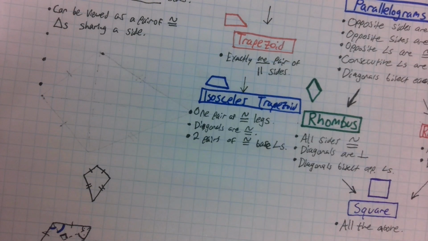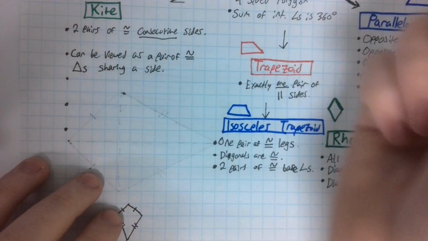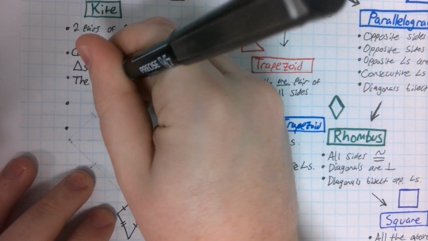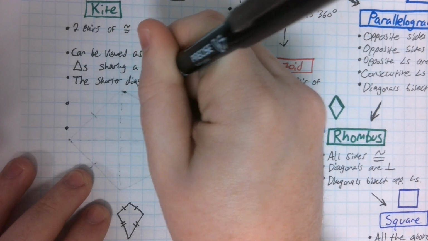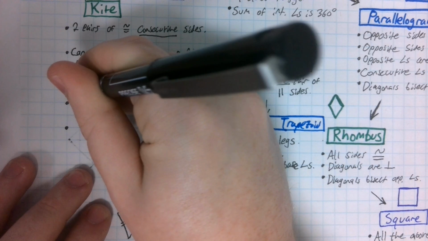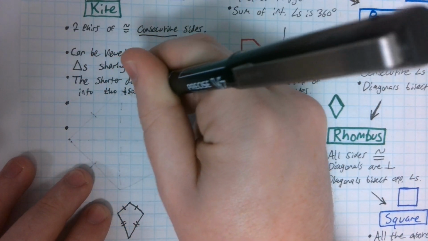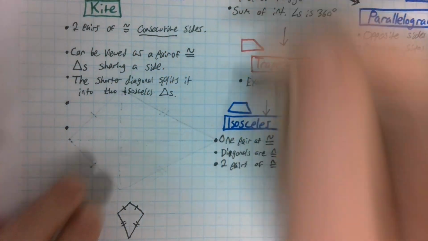Essentially, when you have a kite like this, we can split it into two isosceles triangles. The shorter diagonal splits it into two isosceles triangles.